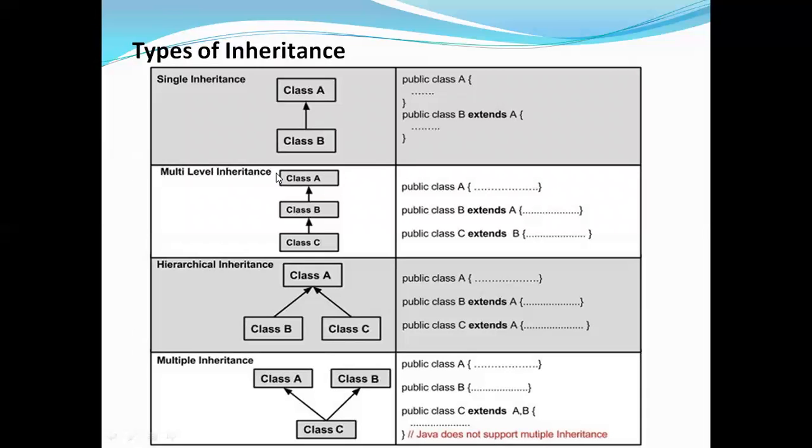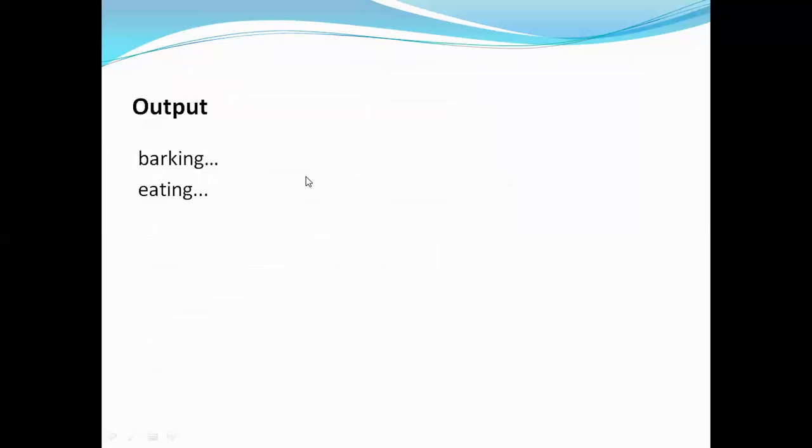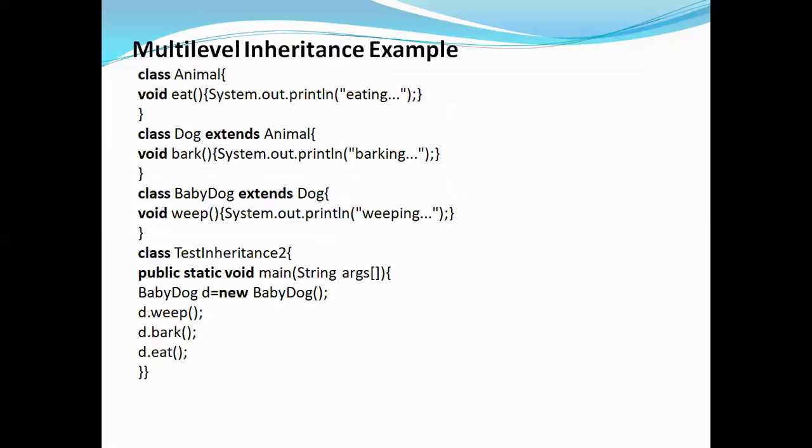Multi-level inheritance. If you observe, class C is extending B's properties, and class B is inheriting class A's properties. Now let's see the example here. The superclass is Animal, which has a method called eat. In that I'm just printing eating. Now a subclass called Dog which is extending the superclass Animal.